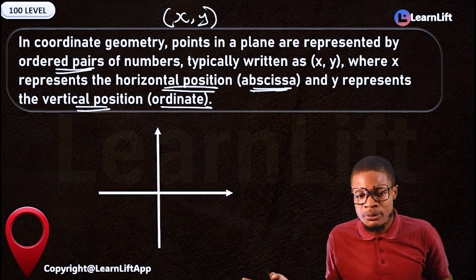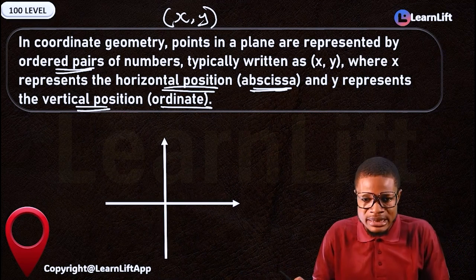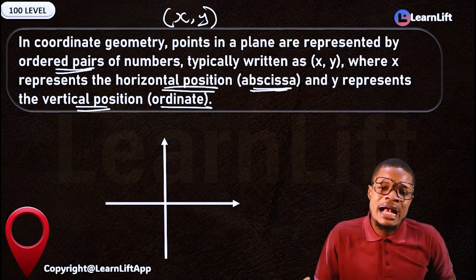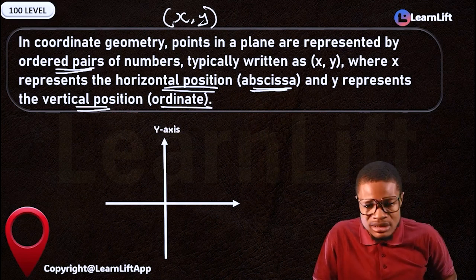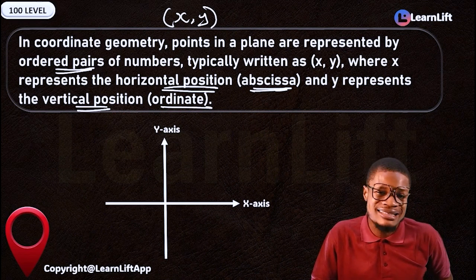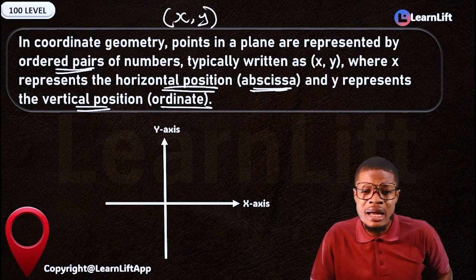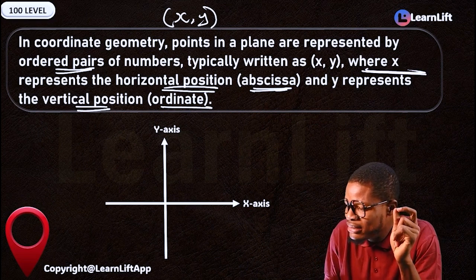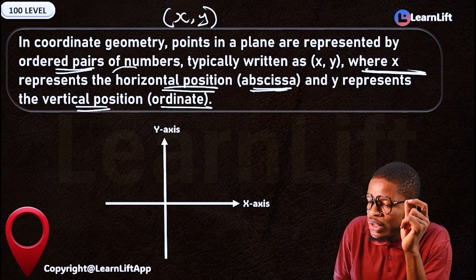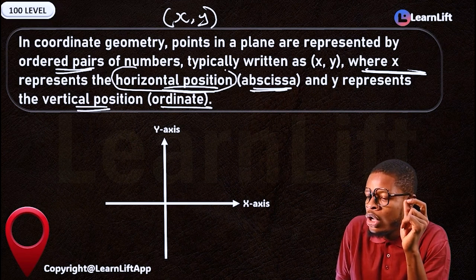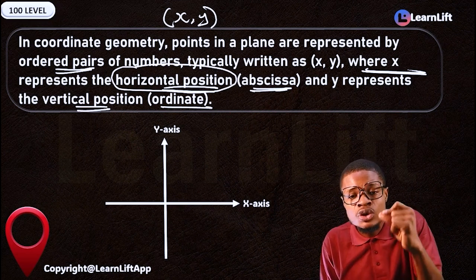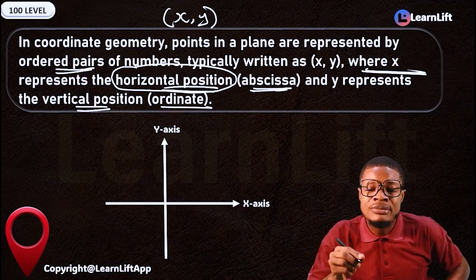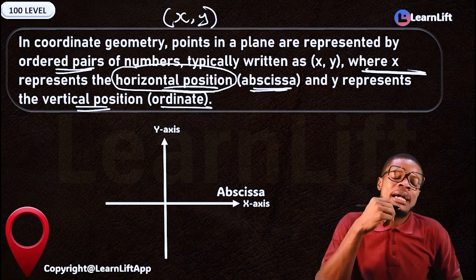Look at this, for example. Let's say we have a coordinate system of this nature, and you already know where your y-axis is and where your x-axis is. We said that x represents the horizontal position, and it is called the abscissa.